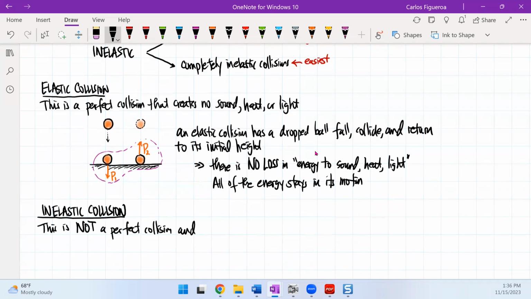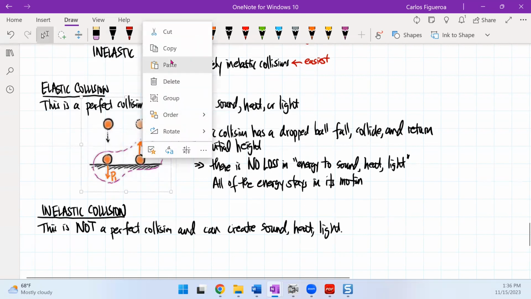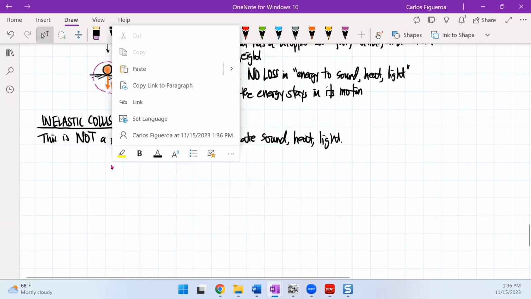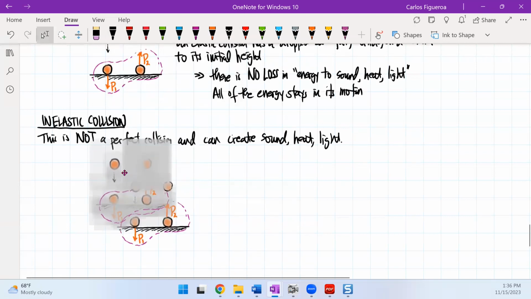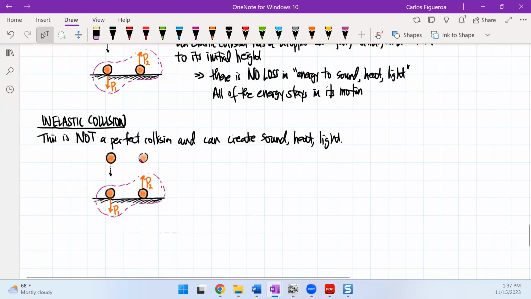And it can create sound, heat, and even light. So if I was to drop them, the big difference in this situation is that the momentums still work out just fine.